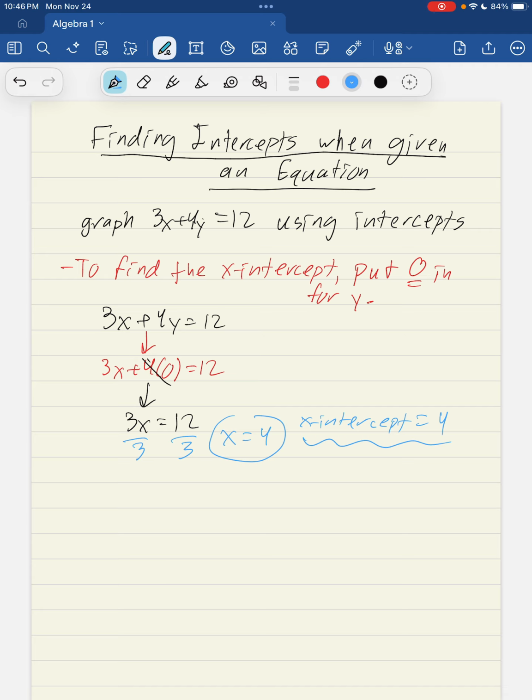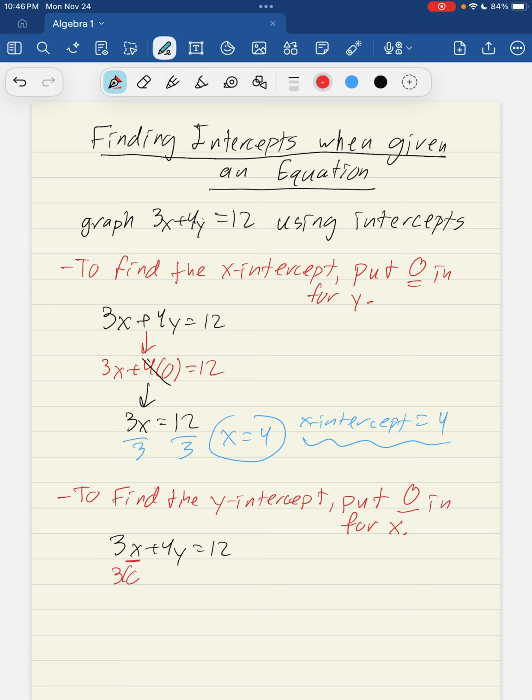Now to find the y-intercept, it's the same thing, but instead of a 0 in for y, we put a 0 in for x. Same process again: 3x + 4y = 12. This time I'm putting a 0 right there.